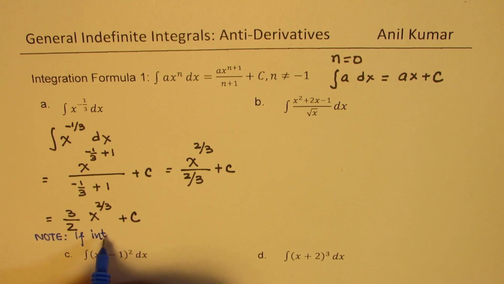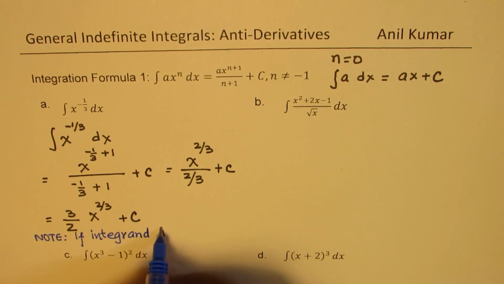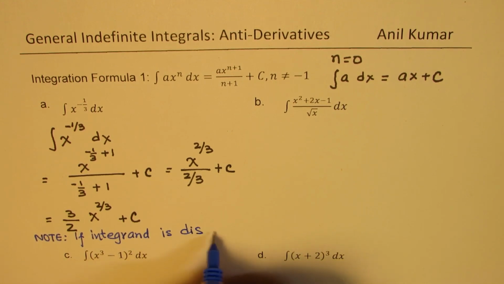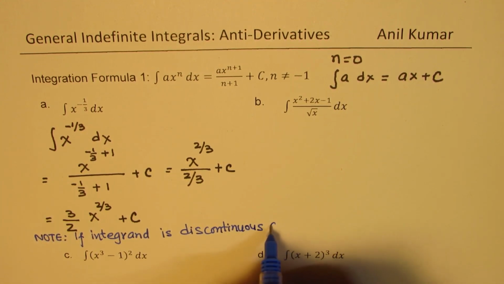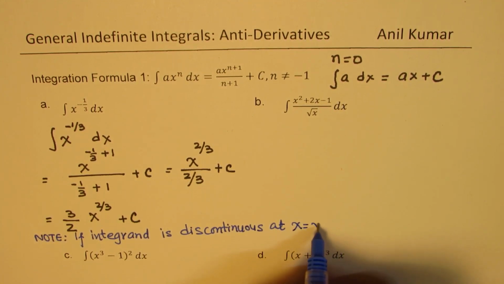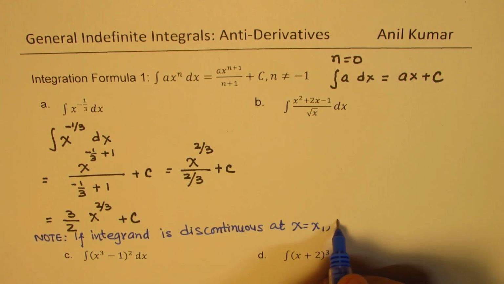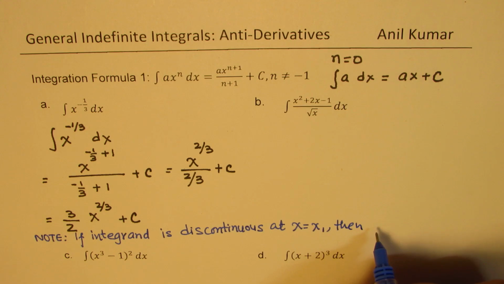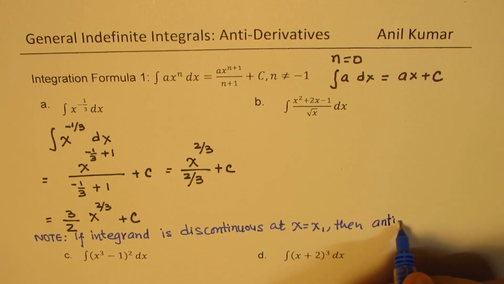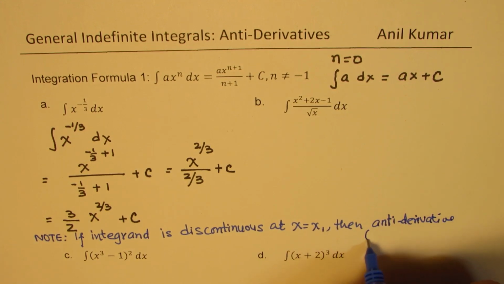If integrand is discontinuous at x equals to, let's say, x1, in that case, then the antiderivative or the integral, or we should say integral.